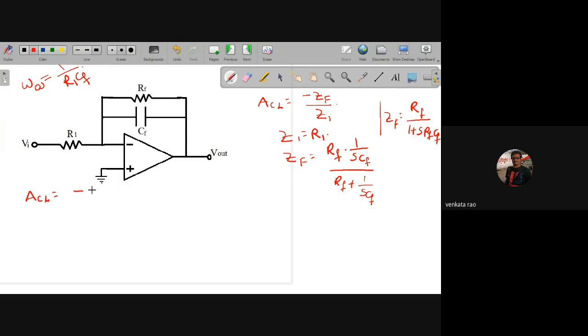Now substituting that, minus ZF means RF by 1 plus S into RF CF, by Z1. Z1 means R1. So now we can write it as minus RF by R1 times 1 by 1 plus S into RF into CF.